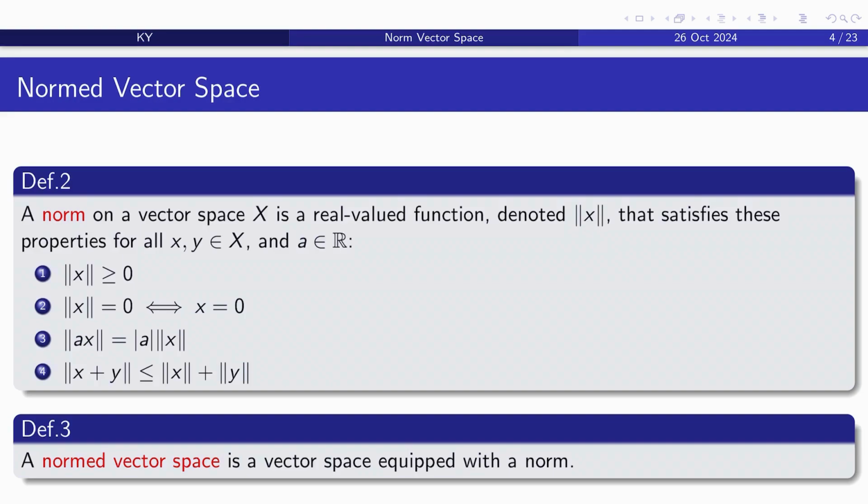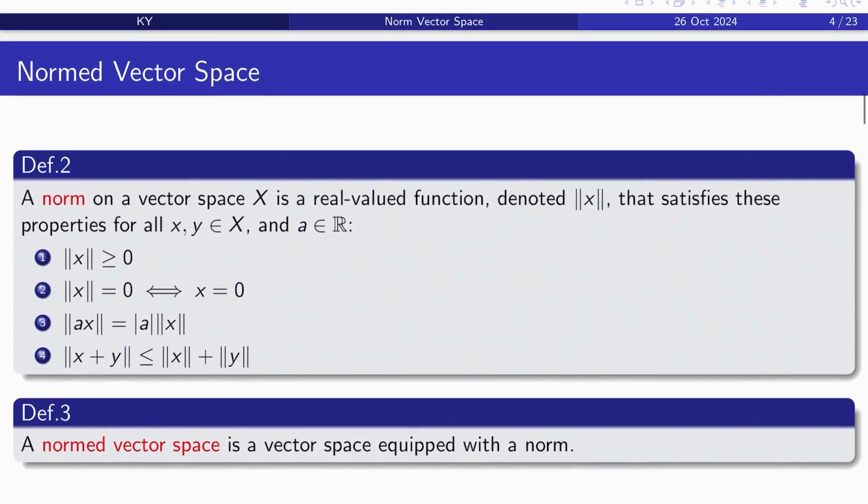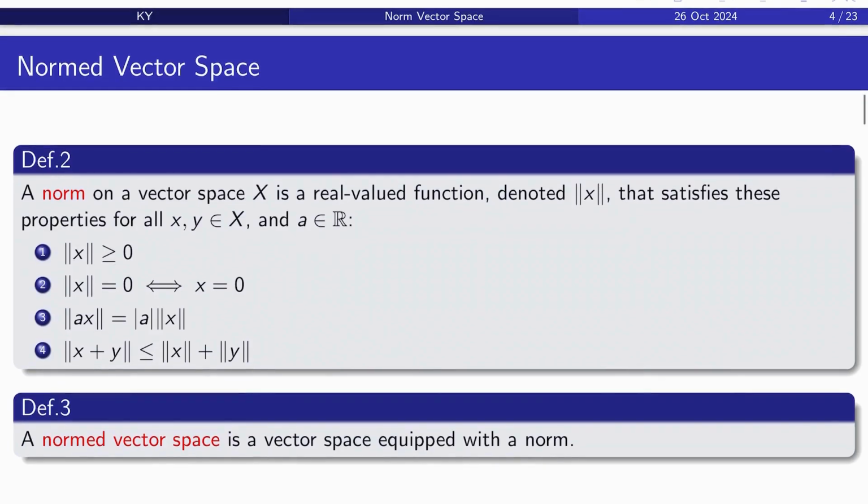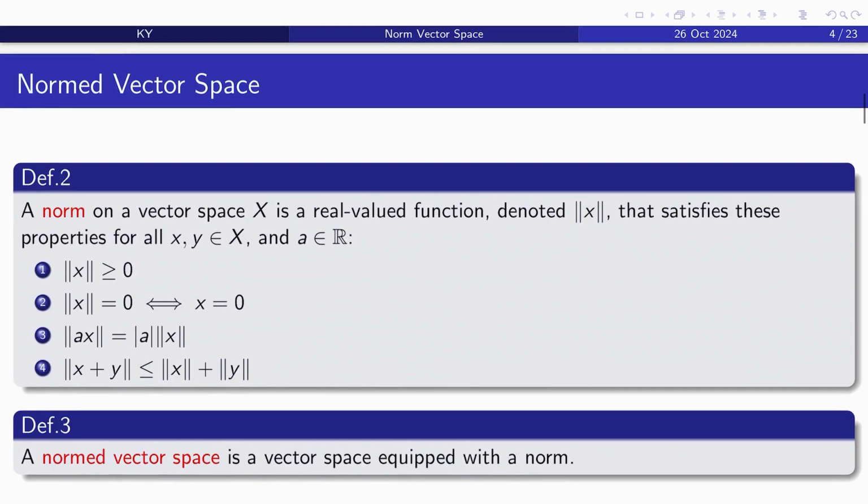And before we even talk about normed vector spaces, we have to define what a norm on a vector space is. So if we read through this passage right here, a norm on a vector space X is a real-valued function, denoted as the norm of x, that satisfies these properties for all x and y which belong to X, and a, which is a scalar from the real numbers.